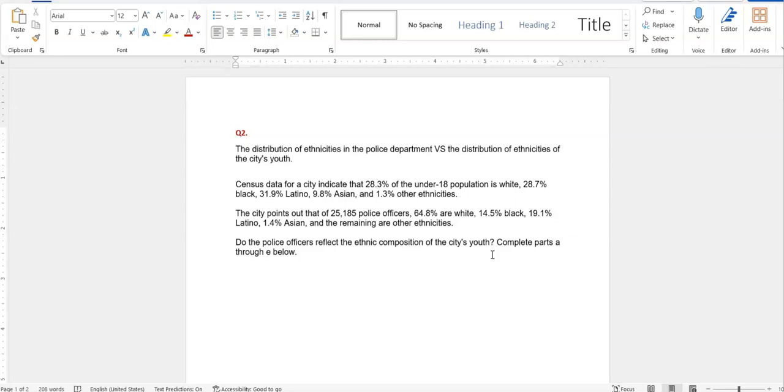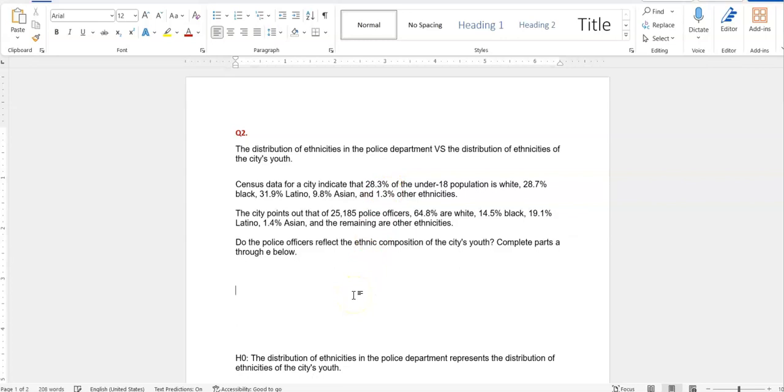We test if the frequency distribution of the police officers in the city follows the frequency distribution of the youth population in the city. Okay, so the expected distribution is the one of the youth population.